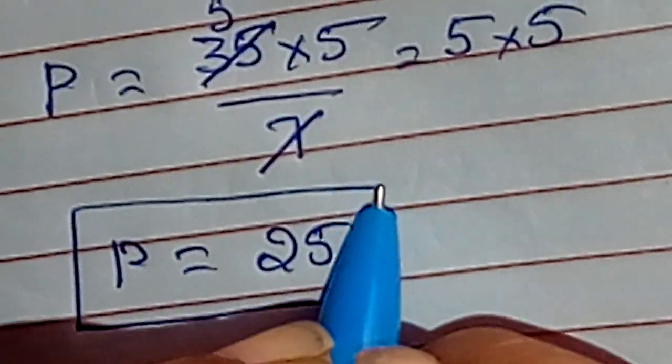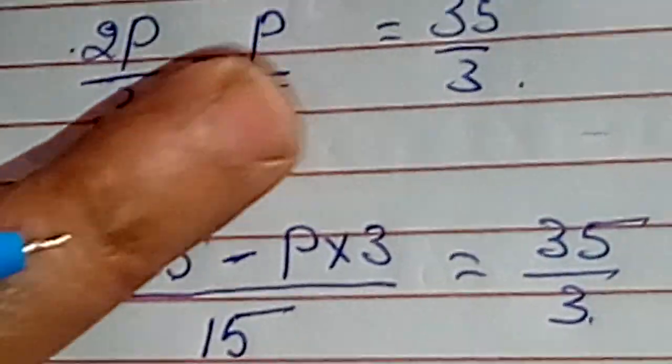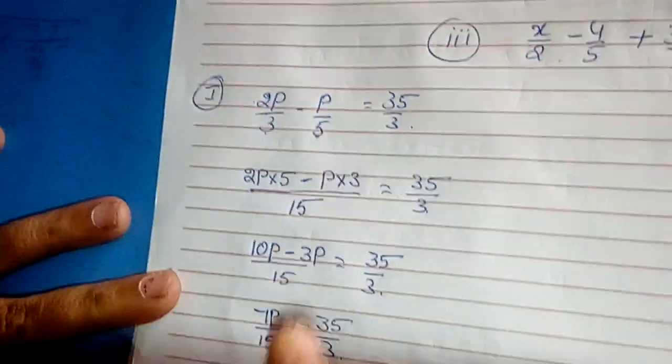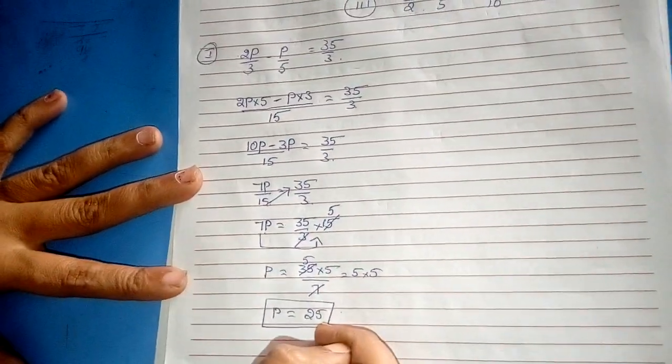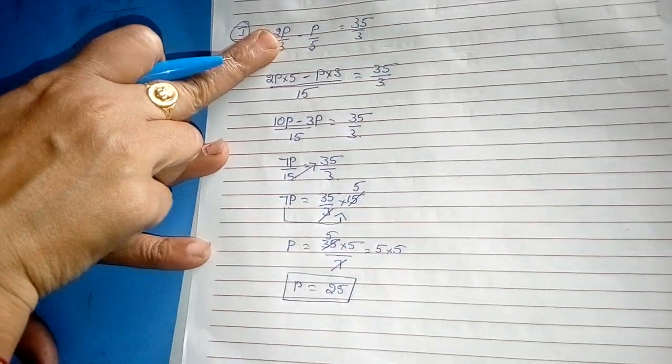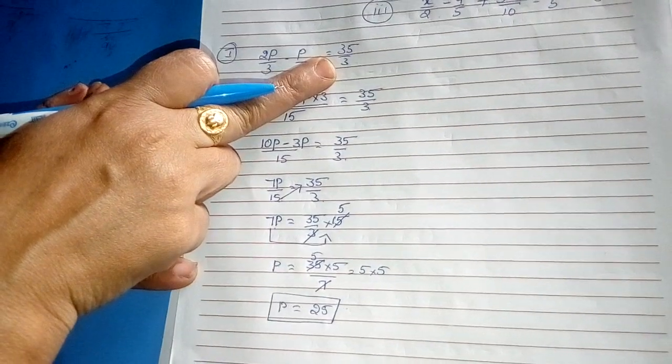The value of p is equal to 25. This is the solution for 2p by 3 minus p by 5 is equal to 35 by 3. If we substitute p is equal to 25 and get 35 by 3, then our solution is correct. Otherwise it is wrong.